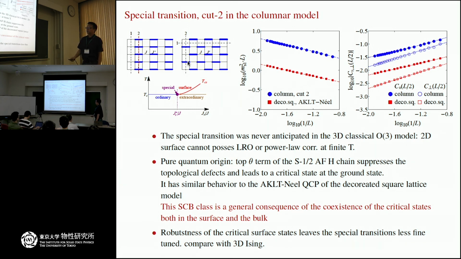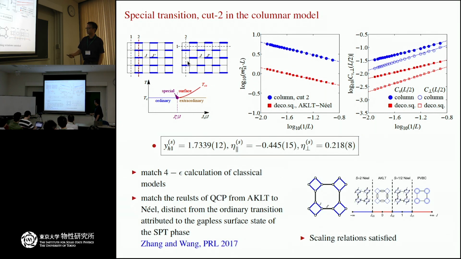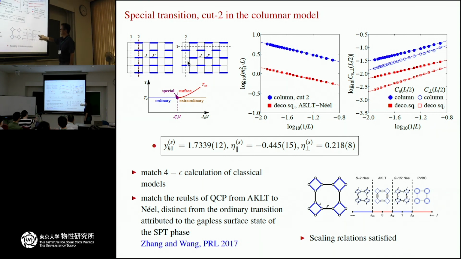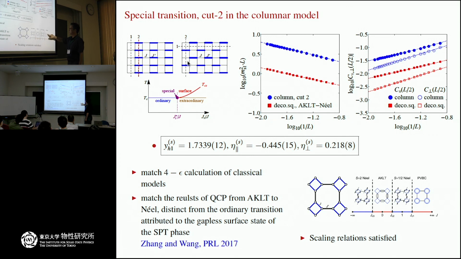Okay, and this is similar to the early study of this model. They call it the decorated square lattice. So if you adapt this J prime and J, when J is very strong, you can have a plaquette valence bond solid state.